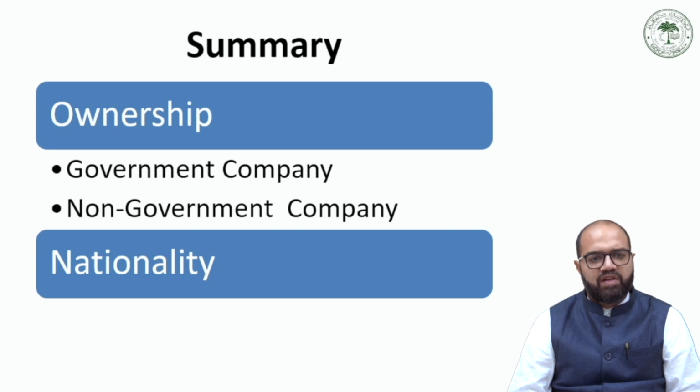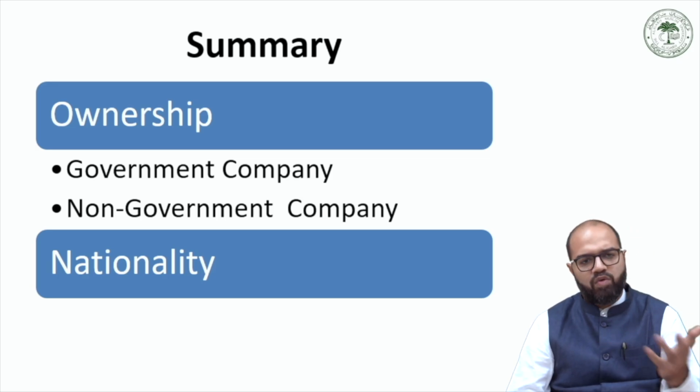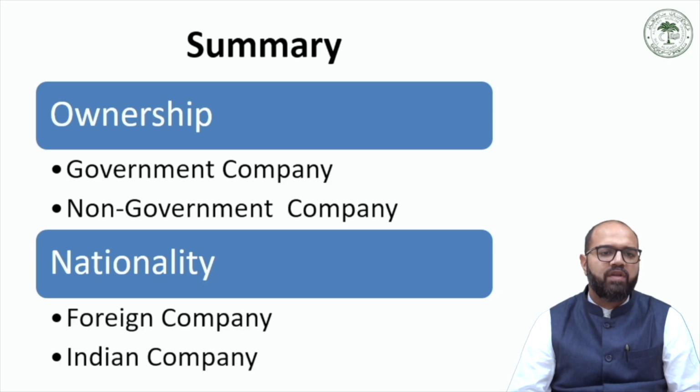We also discussed in detail the various permutations and combinations of the word government could be there. Central government, state government, two or more state governments, central government and a state government, and central government or two or more state governments. Then on the basis of nationality, a foreign company and an Indian company.